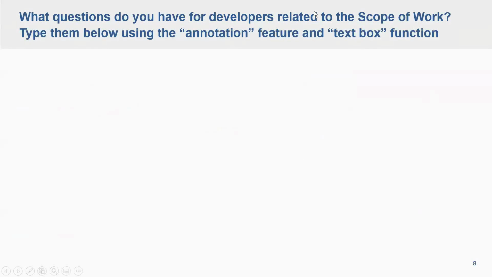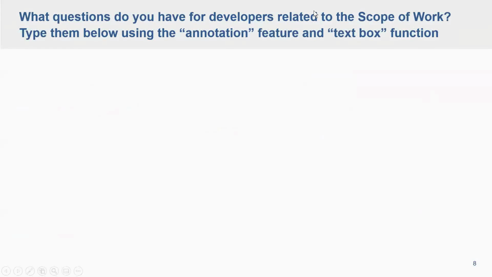So if you can, again, just go to the top of your screen and click the View Options button, click Annotate, and then click the text feature in the annotation option. And that will allow you to type any questions that you have onto the screen, and I'll try to group questions together if they're a similar topic. And hopefully from this exercise, we can at least have a couple questions to start from, and then I'll open it up to just Q&A after that.